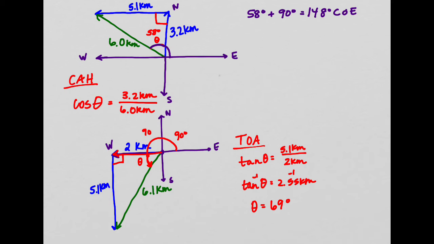So I have 180 degrees to add to my final answer. So 69 plus 180 is 249. So my overall angle is 249 degrees counterclockwise of east. That is the direction that we're going.